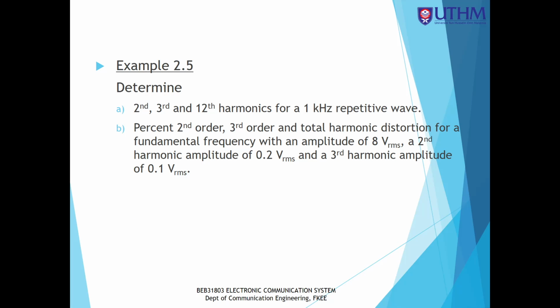Ini example 2.5 is about harmonic distortion. So this is the example of harmonic distortions. The question asks, find second, third, and 12th harmonics for a 1 kilohertz repetitive wave. So ini adalah frekuensi F1, the frequency of the input. Yang mana dia menghasilkan harmonics.